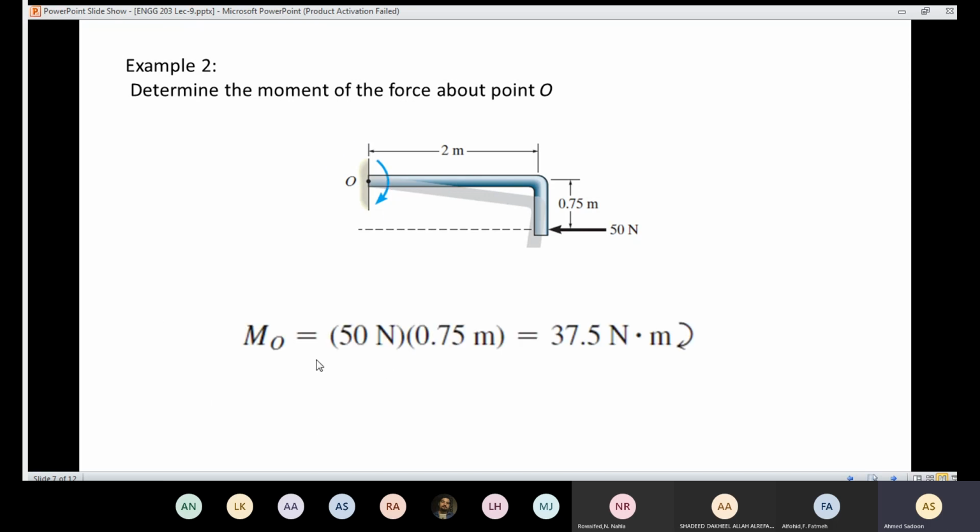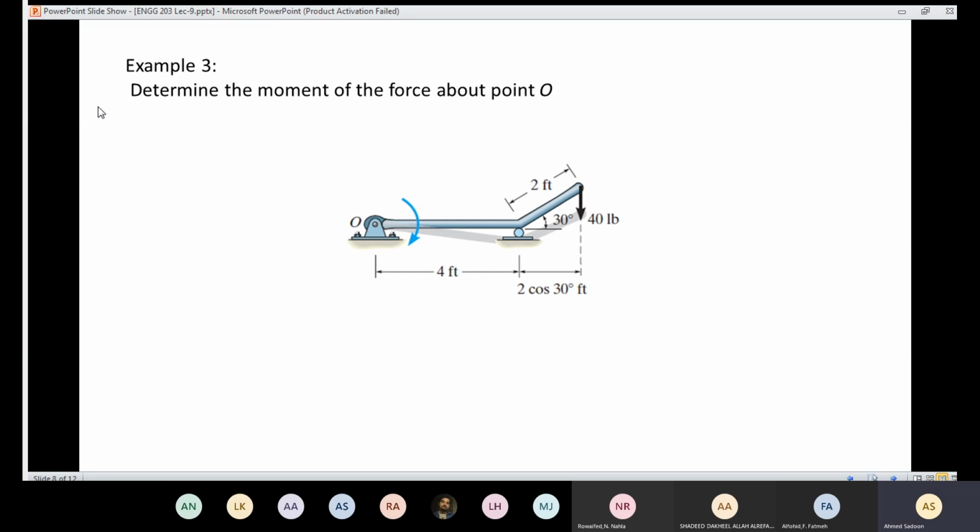So in that problem, the moment is going to equal 50, the force, times the perpendicular distance, which is 0.75. The distance here is the same as the distance there. So if you don't understand the perpendicular distance, you might say that D is the perpendicular distance, which is not.